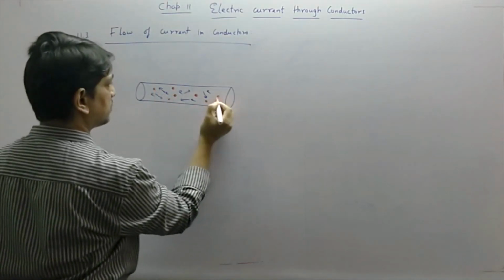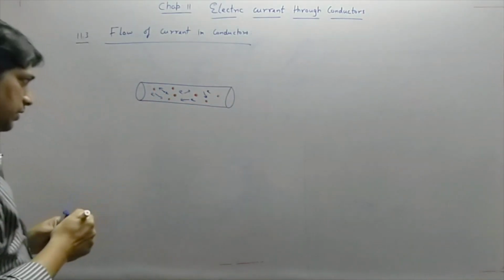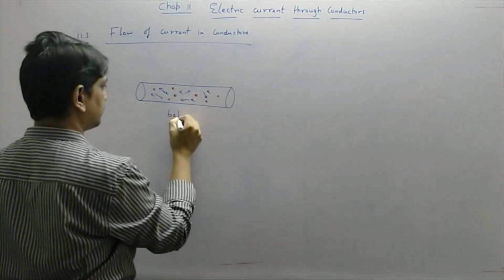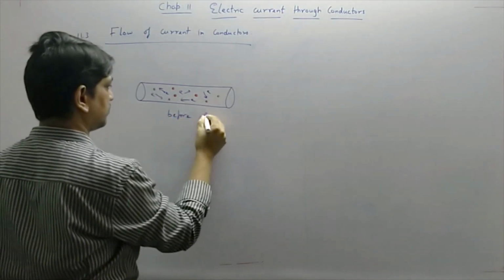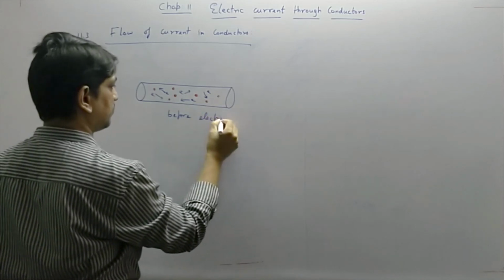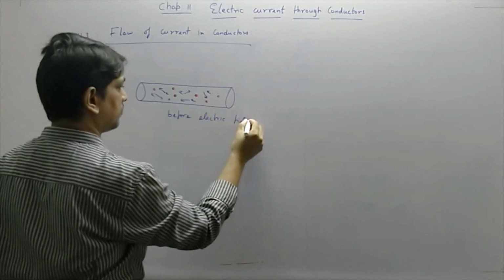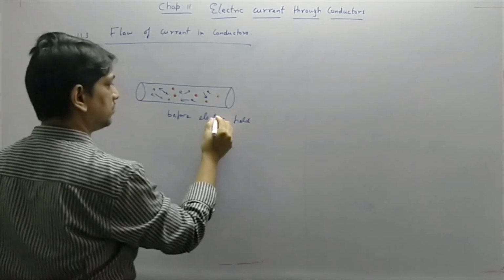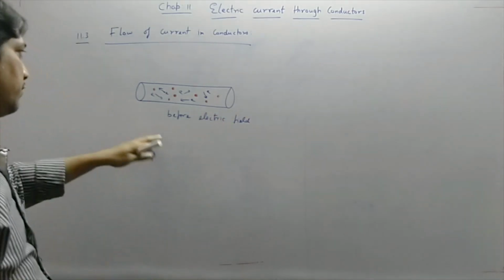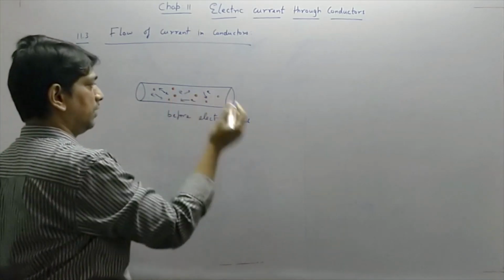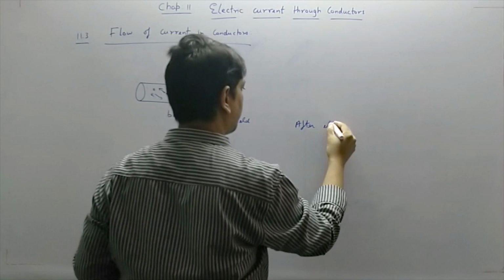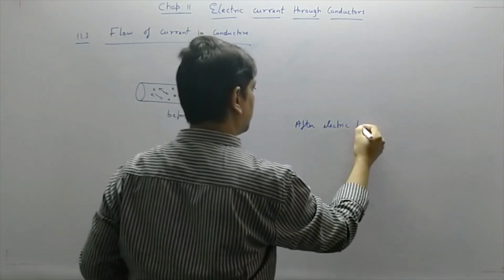The electrons were randomly moving in all possible directions before the electric field, and then after applying the electric field.